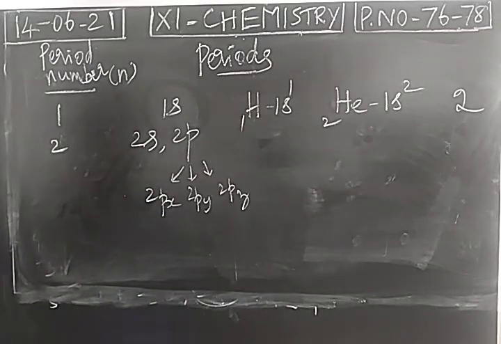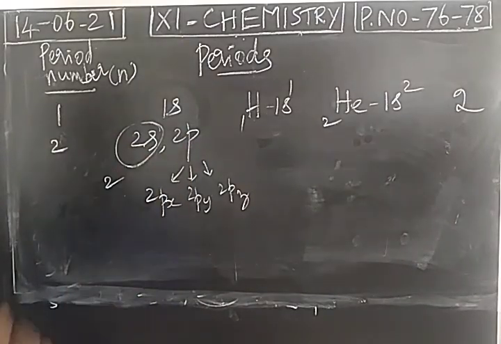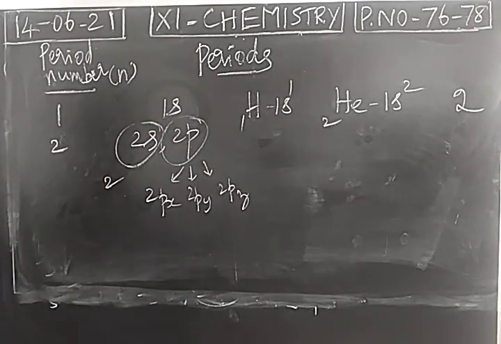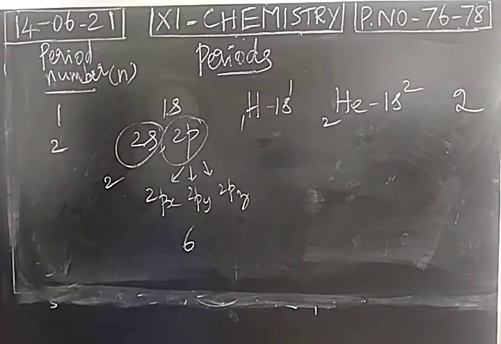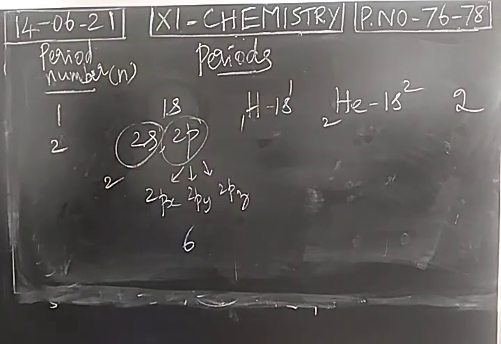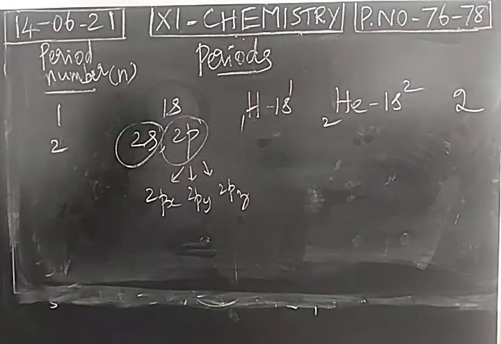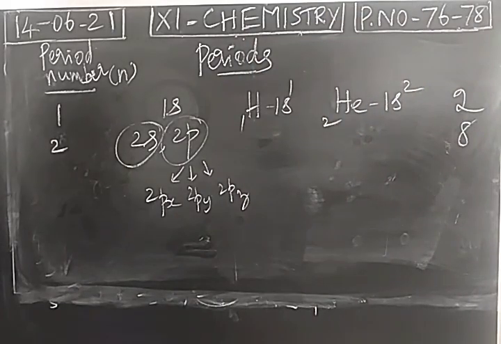So maximum how many electrons can be placed? 2s orbital can have maximum 2 electrons. 2p orbital can have maximum 6 electrons, isn't it? 2px can have 2 electrons, 2py can have 2 electrons, 2pz can have 2 electrons. So maximum number of electrons in the 2p orbital will be 6. So 2 plus 6, maximum 8 electrons can be placed. So number of elements in the second period, 8.